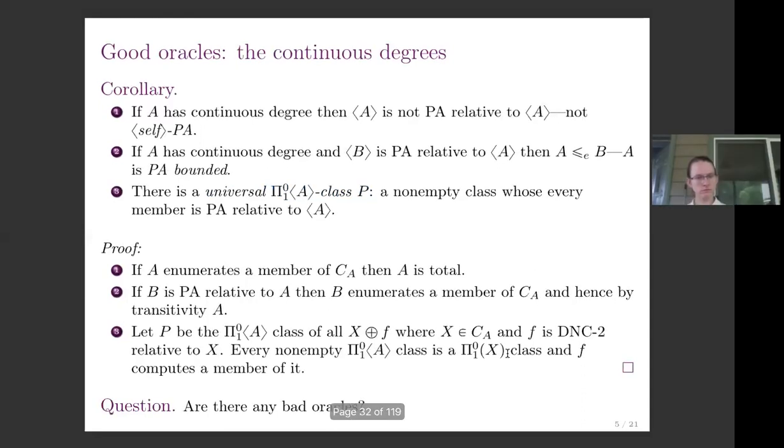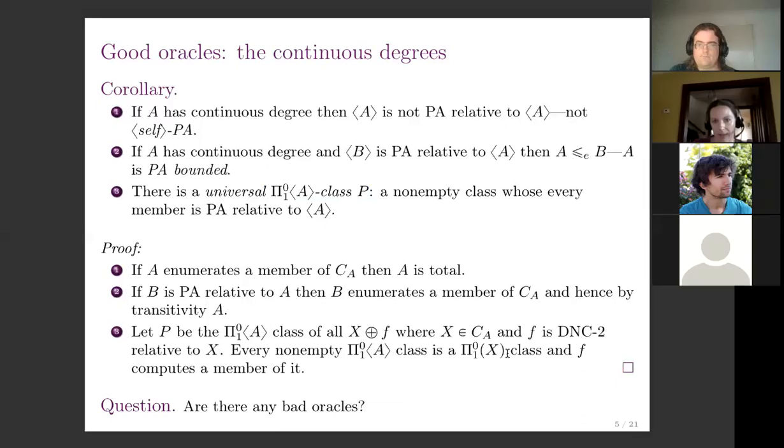All right, so continuous degrees have these three nice properties. Are there any oracles that don't have these three properties? They seem fairly natural, and when a person starts working with the relation PA, trying to prove more complicated things about it, it's easy to assume that oracles have these properties until you stop and think, wait a minute, is that a given, or am I using something total here?